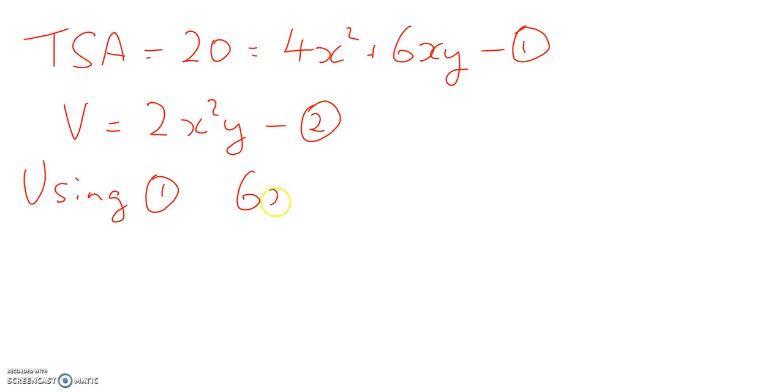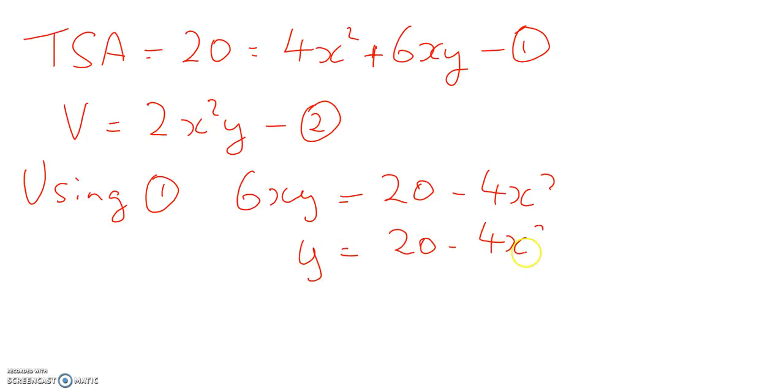We'll get 6xy, and I'm going to take 4x squared from both sides. That equals 20 minus 4x squared. And divide both sides by 6x, so we're going to get y equals 20 minus 4x squared all over 6x.